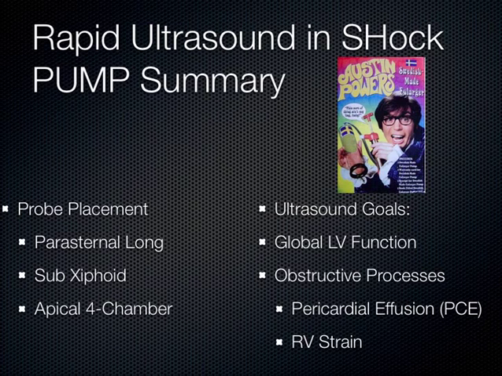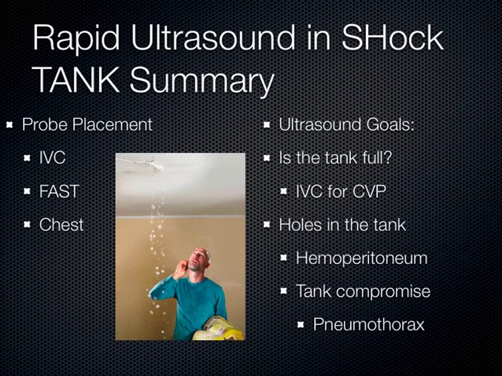So, in summary, with the pump, it's all about the probe placement. We talked about the 3 views of the heart and what we're looking for: global LV function, whether there's some type of obstructive process like a pericardial effusion or RV strain. And with the tank, what we're looking for here is the IVC as a non-invasive measure of CVP. We're looking for, in other words, is the tank full?